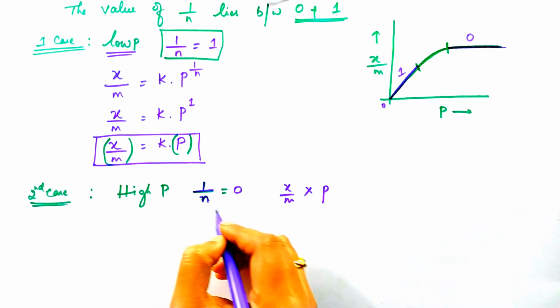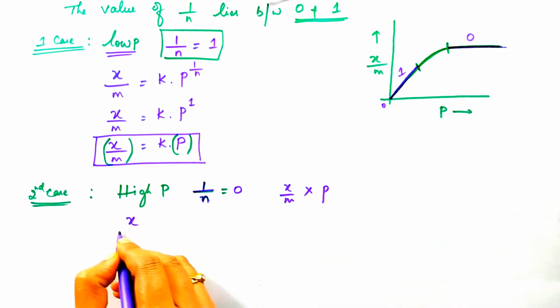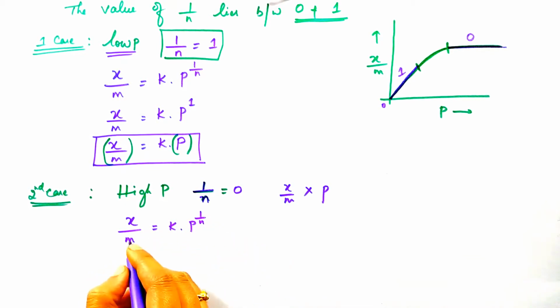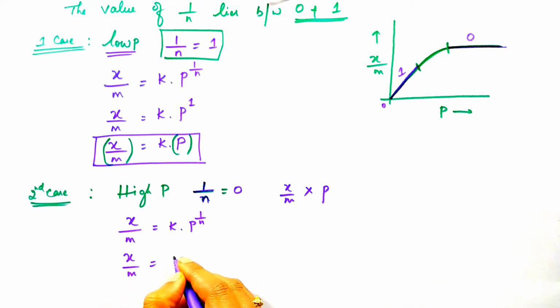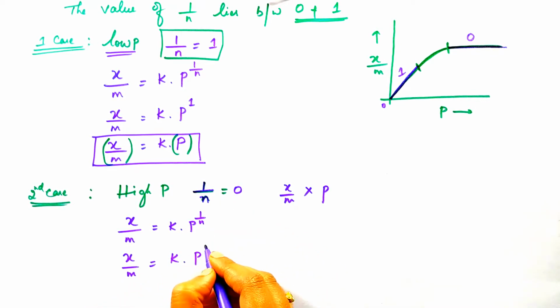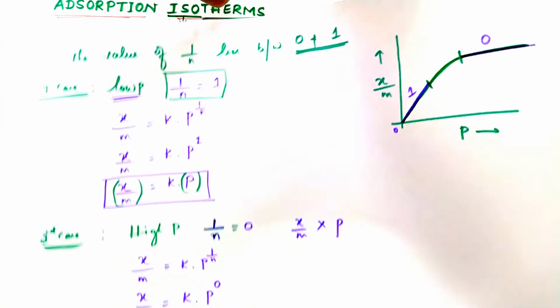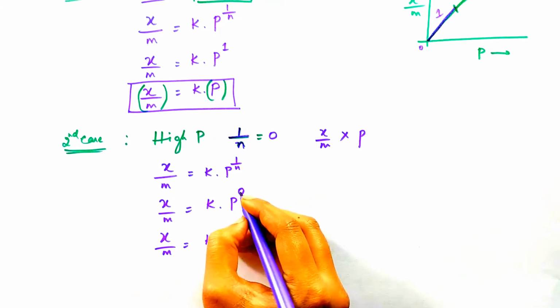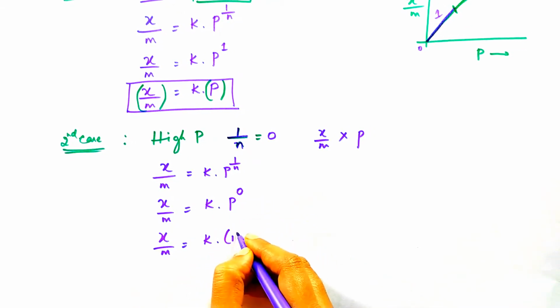Let us apply this value in equation 1, that is x by m is equal to k into p to the power of 1 by n. So, I am applying p to the power of 0. That is x by m is equal to k into p to the power of 0, which means 1.